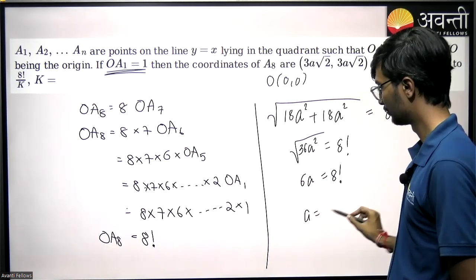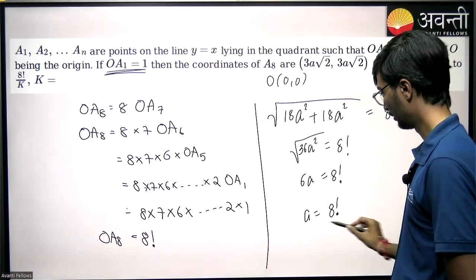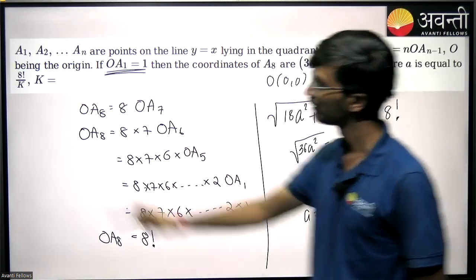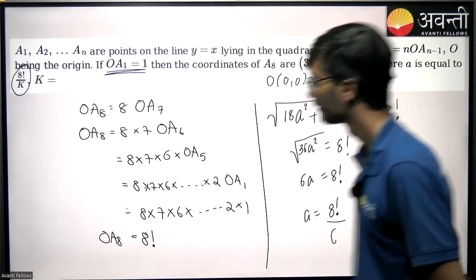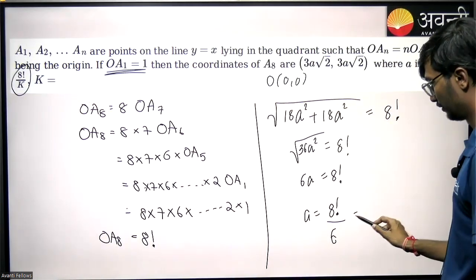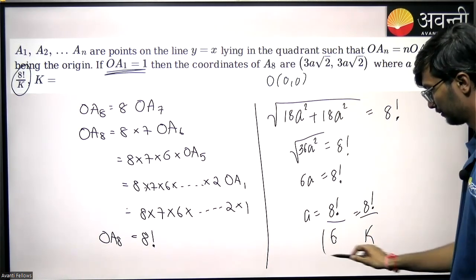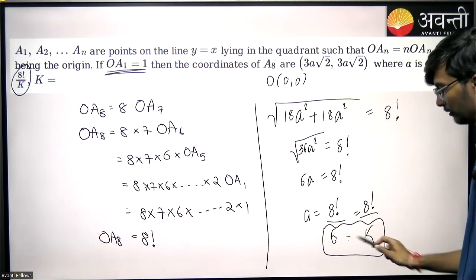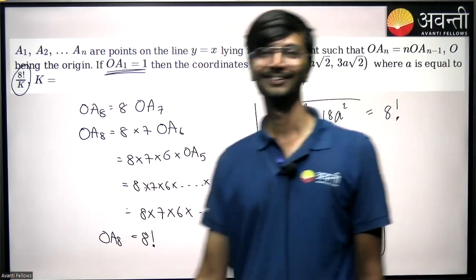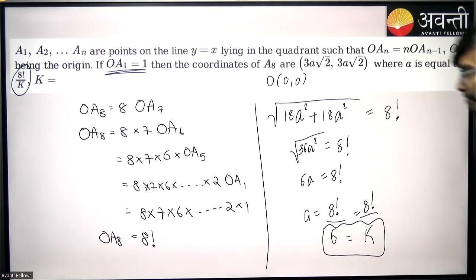That means a is equal to 8 factorial upon 6. Here it was 8 factorial upon k. So that means k is equal to 6. Got it, guys? Simple.